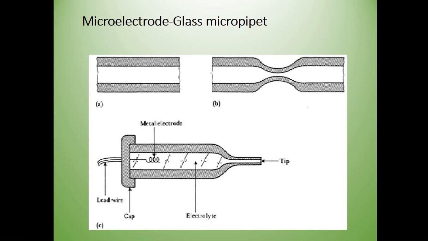The wire is then coated almost to the tip with an insulating material. Some electrolytic processing is also performed on the tip to lower the impedance. The metal-ion interface takes place where the metal tip contacts the electrolytes either inside or outside the cell.